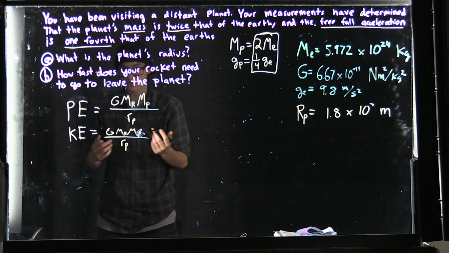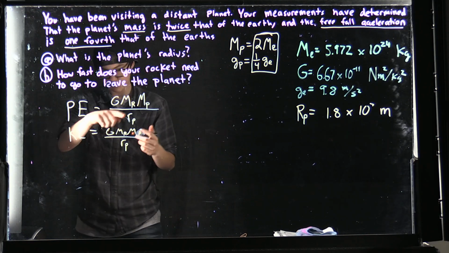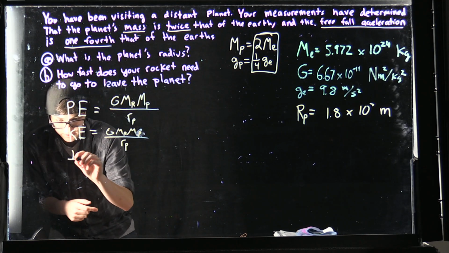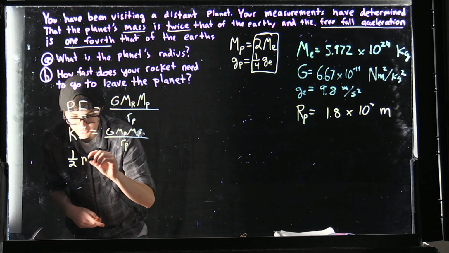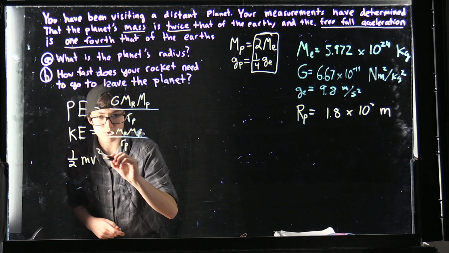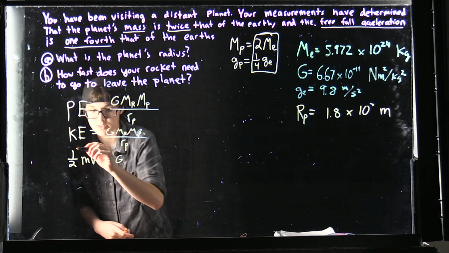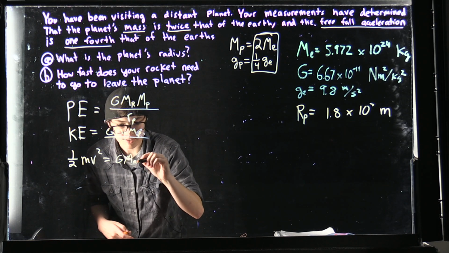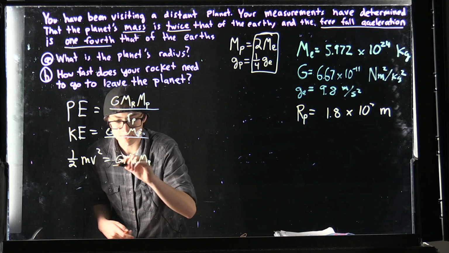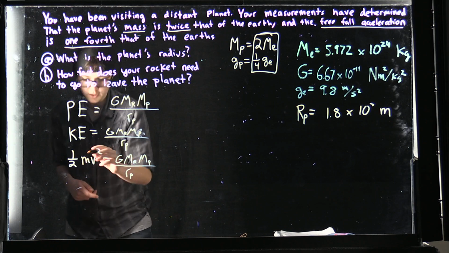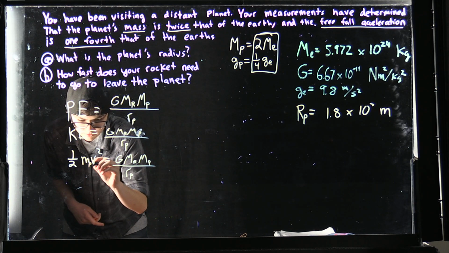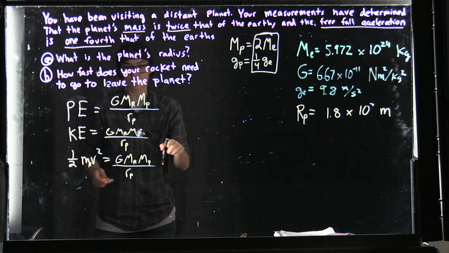What do we know from kinetic energy? What formula do we all know and have memorized by now? 1/2 mass times velocity squared is equal to this equation: G times the mass of our rocket times the mass of the planet divided by the radius of the planet. Mass here is us, that's the rocket, the mass of the rocket.